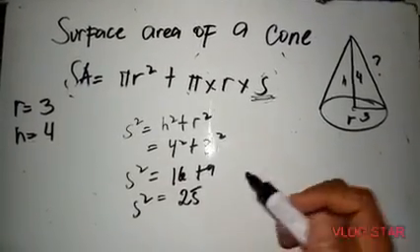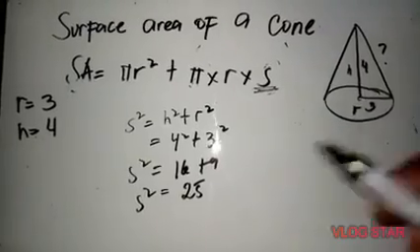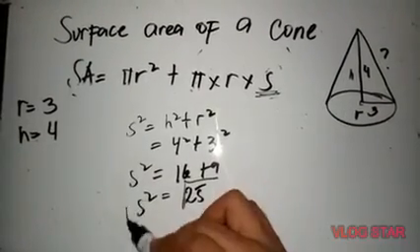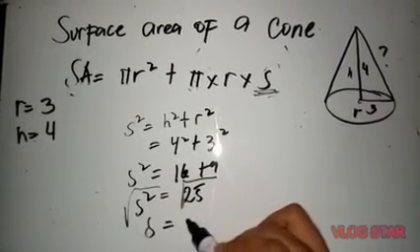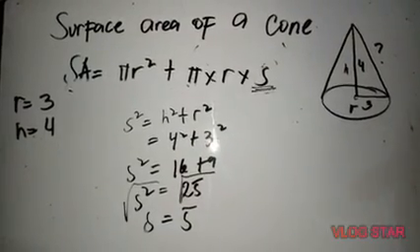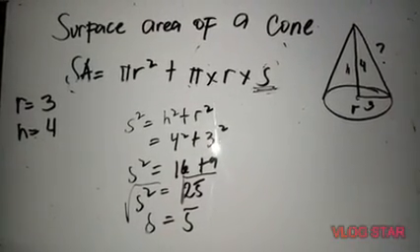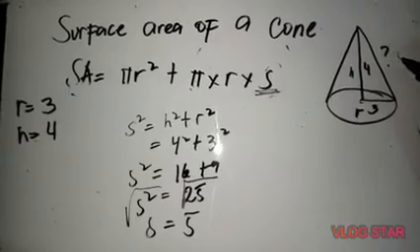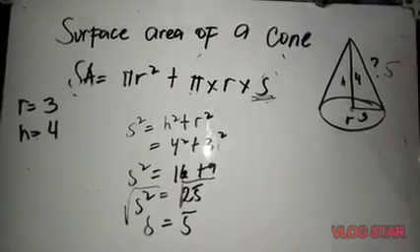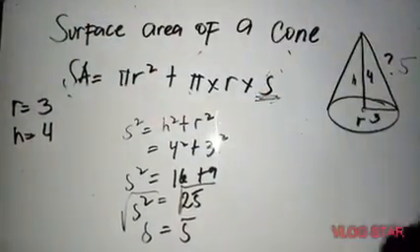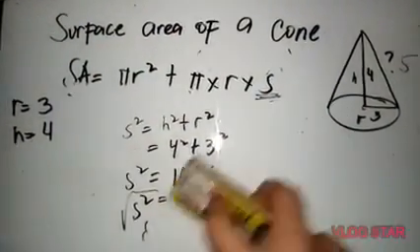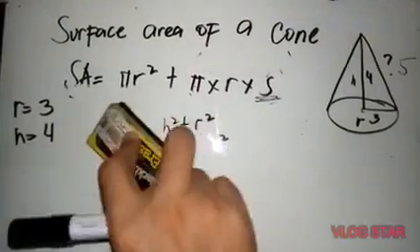Then get the square root of 25, so s is equal to 5. The slant height of the cone is 5. Now we can proceed to computing the surface area.